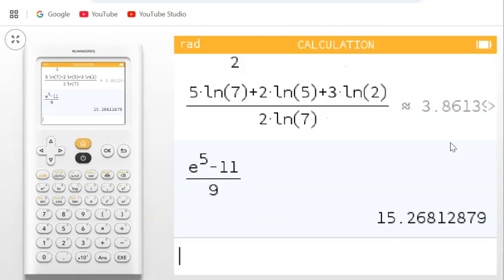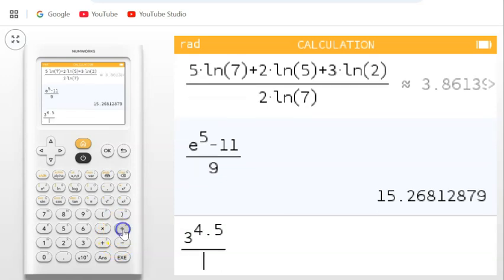Which we will put into the calculator. So we're going to do 3 to the power of 4.5. Let's come out of the exponent there. I'm going to go ahead and hit the divided by, and I'm going to put the divided by 6 on the bottom. Then I'm going to go back up to the numerator, and I'll handle that plus 17.